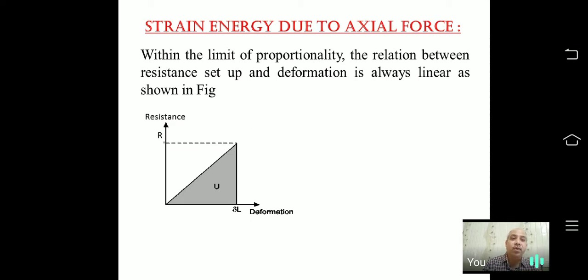So when I will go with elastoplastic material, we are not going to get this linear, and for plastic we do not have any resistance. So we have this strain energy only in the members which are within elastic limit.